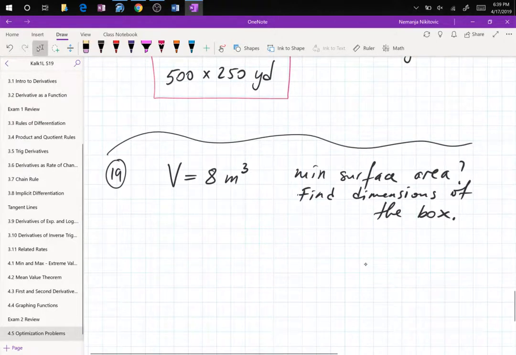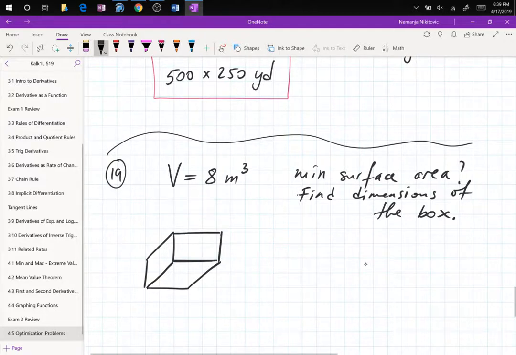So if I draw the box, I have x, x, and a y.